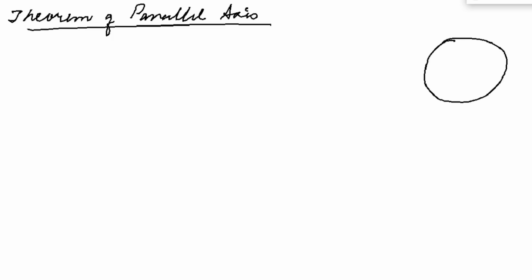Here we have a circle, and we have considered a small strip of area, of area dA.